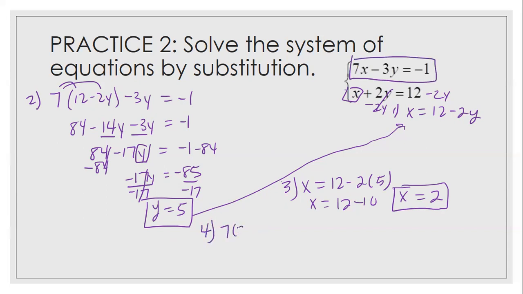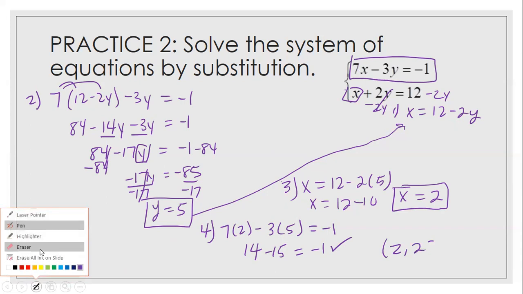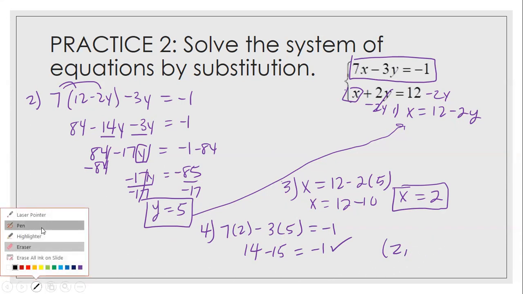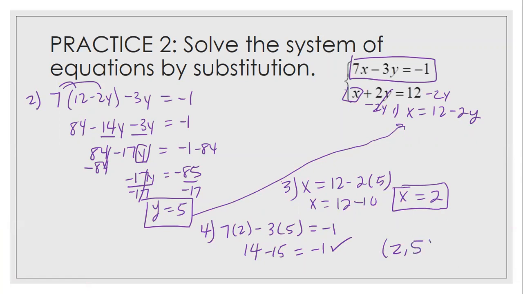So 7 times 2 minus 3 times 5 needs to equal -1. Does 14 minus 15 equal -1? Yes. So therefore my solution should be 2, comma 5.